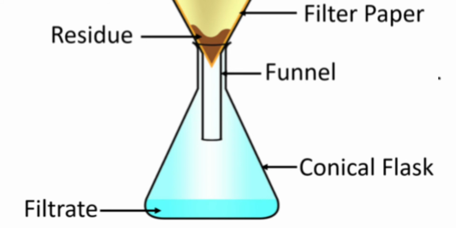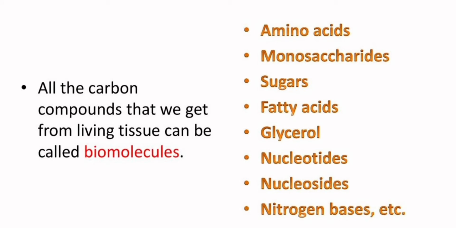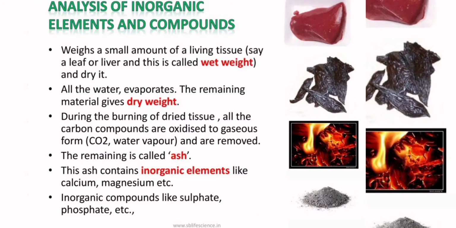By successful performance of the above steps, we get an idea about the biomolecules, their formula and probable structure, like amino acid, monosaccharide, fatty acid, etc. All the carbon compounds that are obtained from the living tissue are called biomolecules.